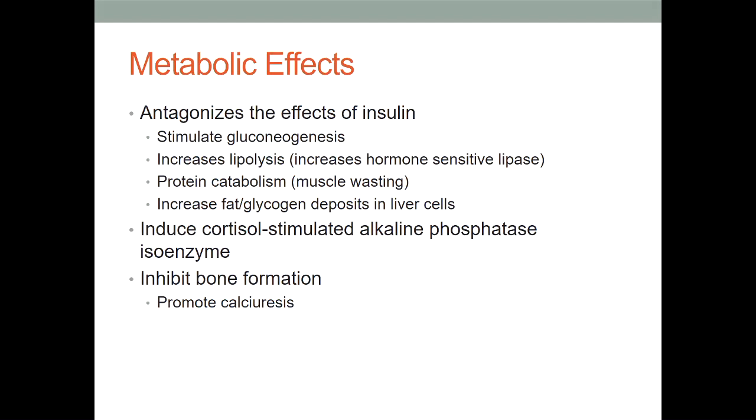So they stimulate gluconeogenesis from the liver, and that's really because it inhibits insulin. They increase lipolysis. They cause muscle wasting. Has anybody heard the term Pred head? Okay, Pred head.